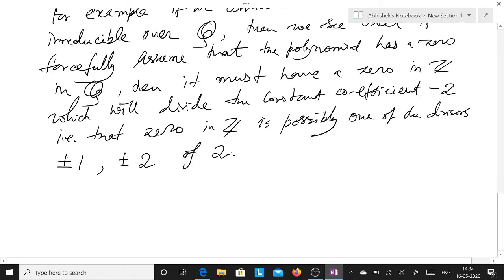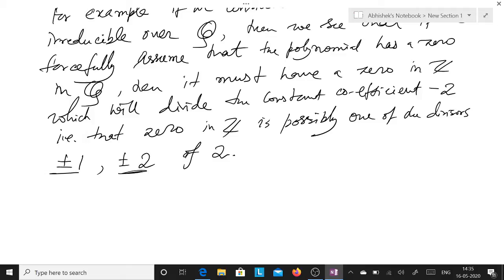But if you intend to check the possibilities one by one, you will see that no one of these divisors will satisfy that it is a 0 of the polynomial x^2 - 2.